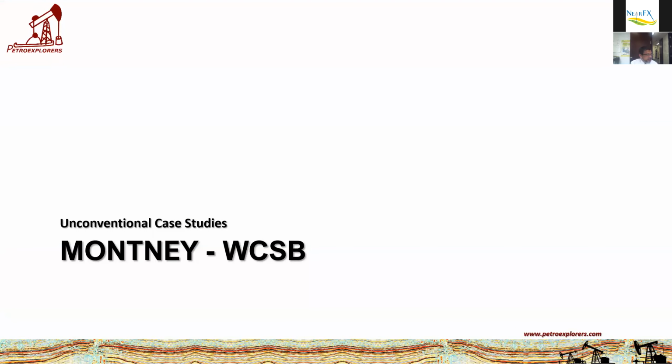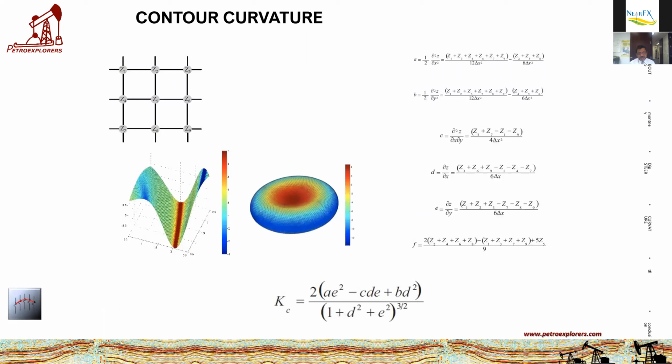We did the work with volume curvature and fault likelihood in Western Canada. What we found is another attribute which works really well. It is not really a curvature in the sense of the plane, but it is called contour curvature.